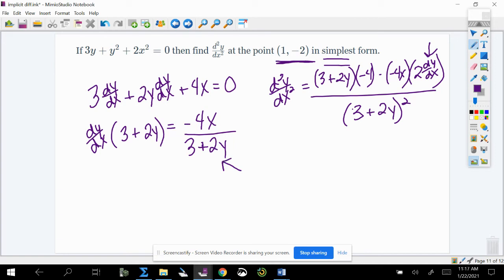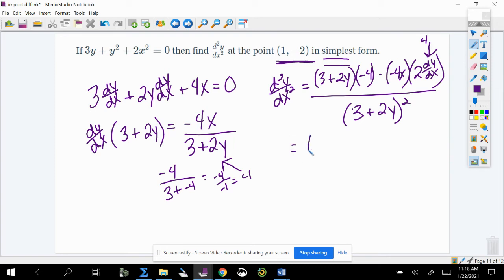So when I put 1, negative 2 in, I get negative 4 over 3 plus 2 times negative 2, which is negative 4. So I get negative 4 over negative 1, so I get 4. And that's going to help me replace that with just a number value rather than a larger expression.